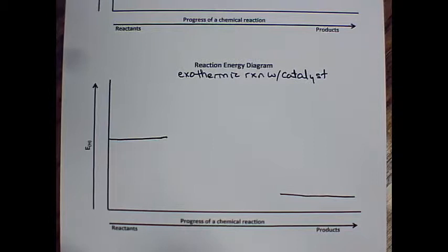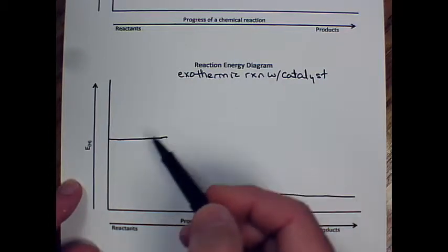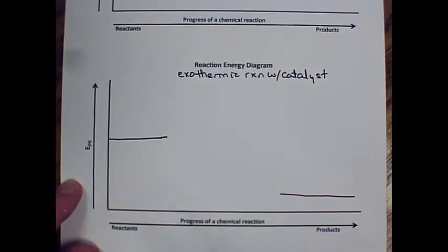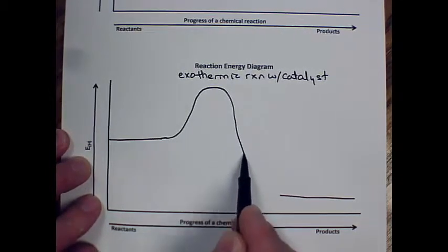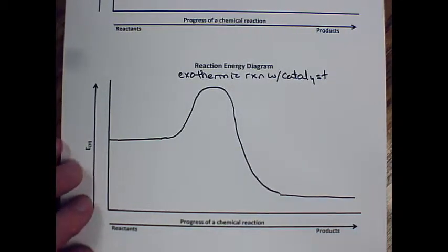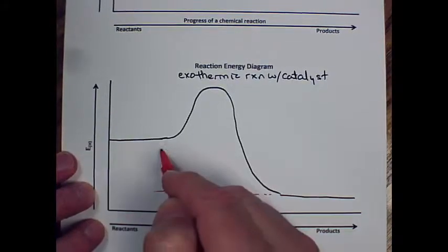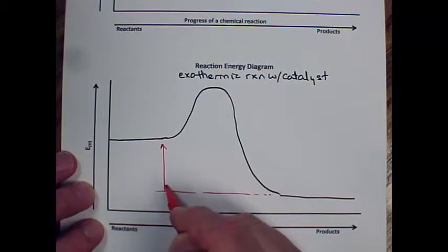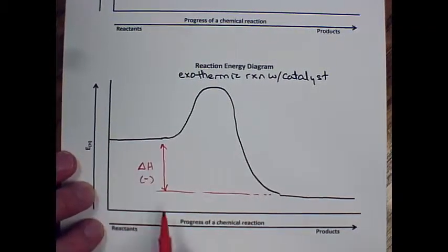Energy cannot be created or destroyed. It can only be moved around, so we're moving energy from the system, which is what this diagram is showing, to the surroundings. And so we have an activation energy hill. And we've got enthalpy. The change in enthalpy here, remember, is negative because we were losing energy in the system.